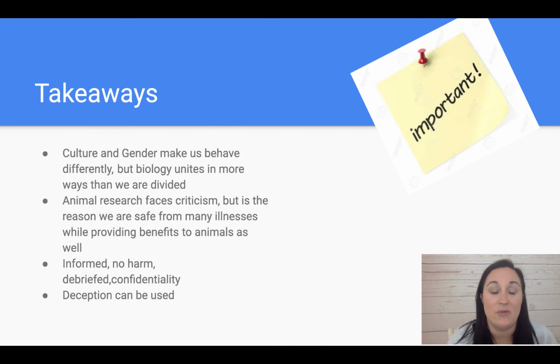When we are conducting research with humans, the research study needs to go before an IRB, an independent review board, and everyone in the study needs to have informed consent. There should be no harm to the participants. They should be debriefed at the end of the study, and confidentiality should be used with their information.